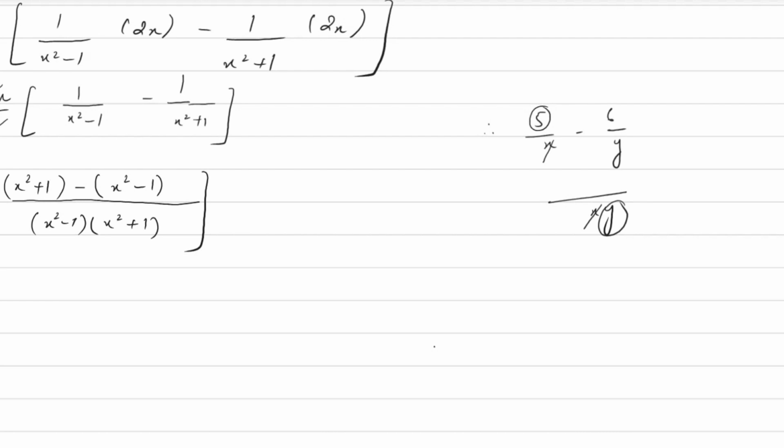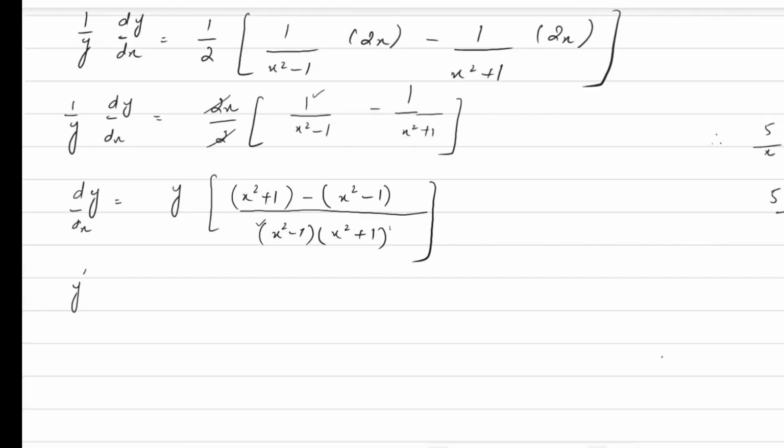So 5 will be multiplied with y. Fine. Minus, for the second term, y will be cancelled with y, and the remaining 6 will be multiplied with the remaining x. So 6x will be coming.